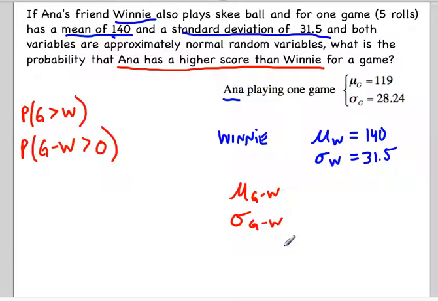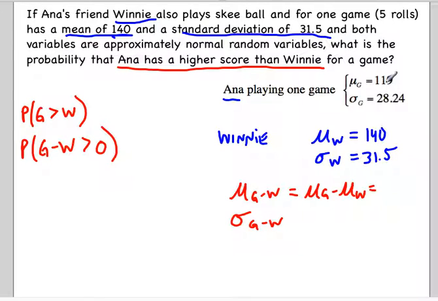Because we're finding a probability that's approximately normal, we're going to need to do z-score work. Before we can do the z-score work, we need this information. So we're going to use our formulas. The idea that we're subtracting random variables, we can just subtract the two means.